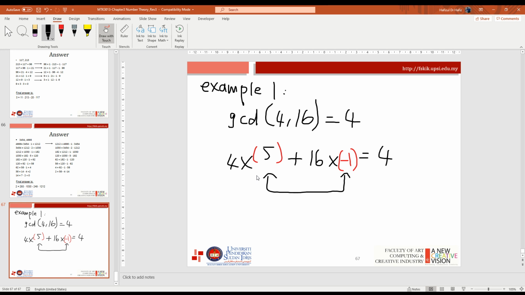How can we find it? Through a method or algorithm that we call the extended Euclidean algorithm.